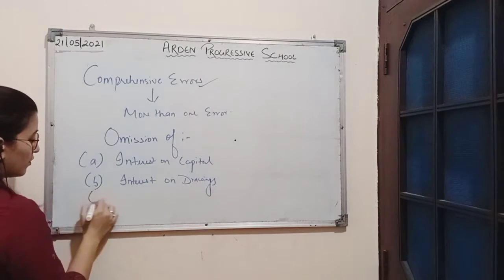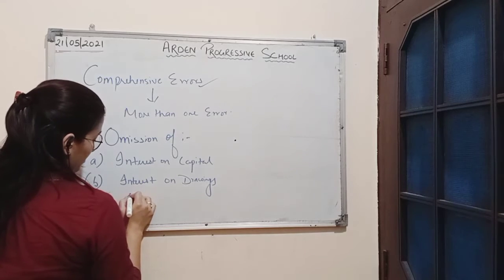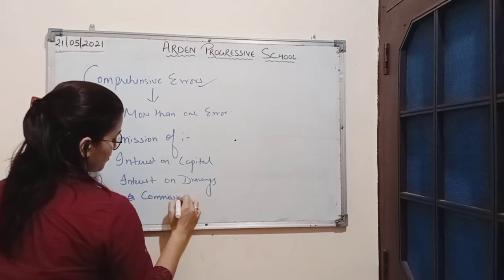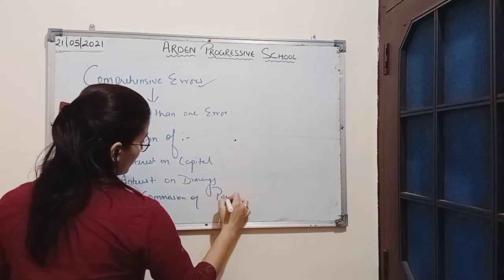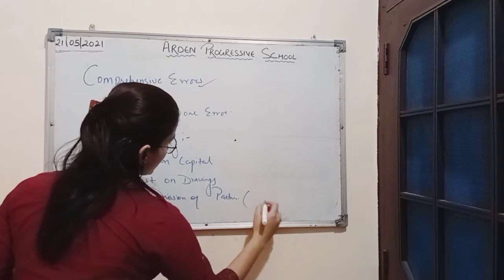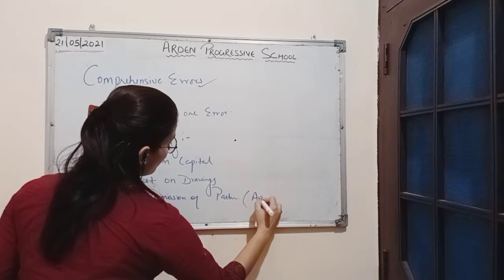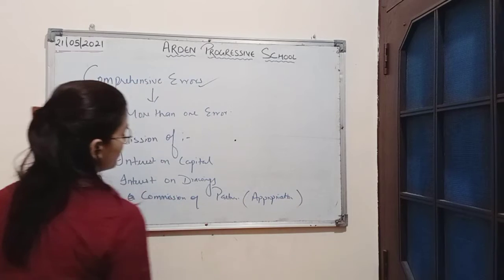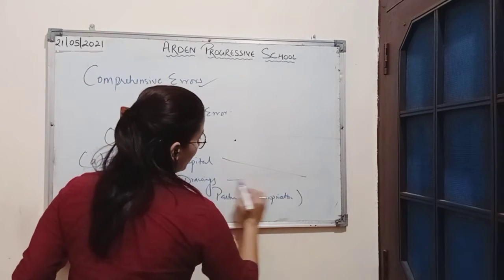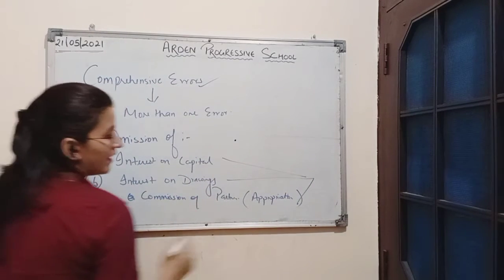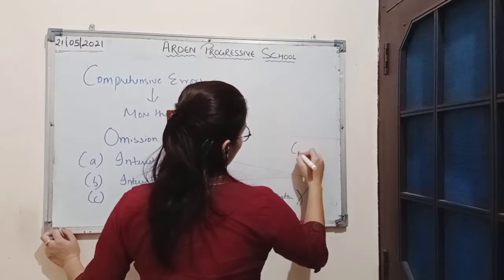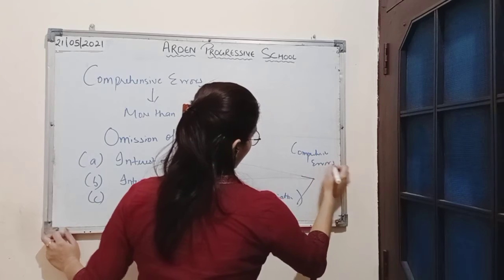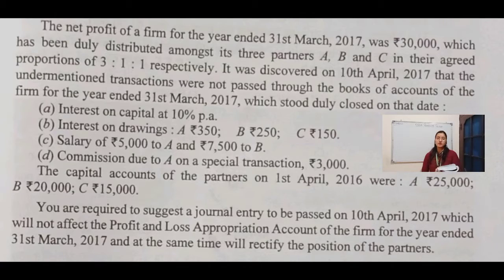We can take one more error, omission of commission of partner. So this is basically error of appropriation of partners. So all these three errors combinedly will be called comprehensive errors.